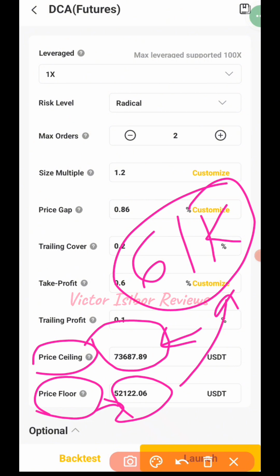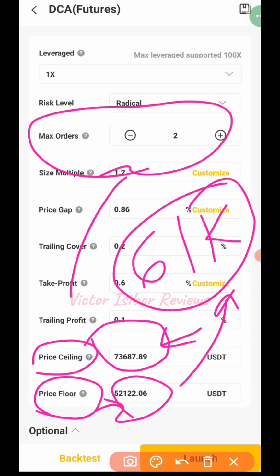The bot has calculated your available capital, and it is already predicting that if the price of Bitcoin rises above this price ceiling of 73,687, it will not be able to successfully trade Bitcoin based on the orders that you have made.